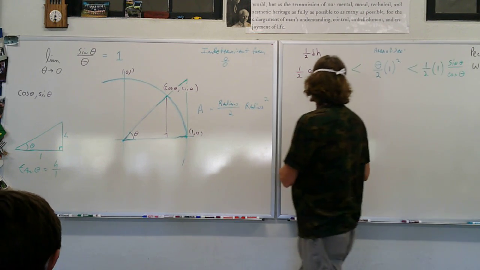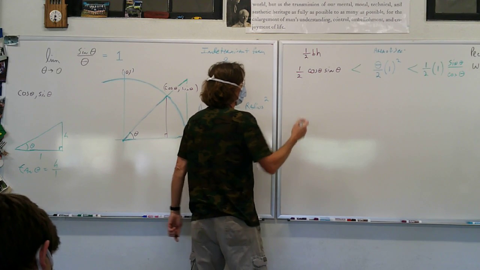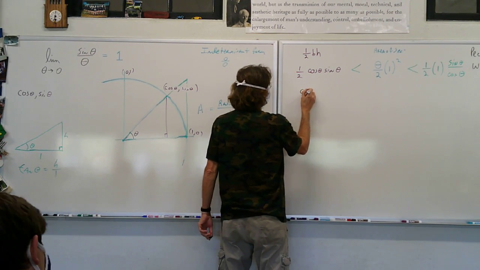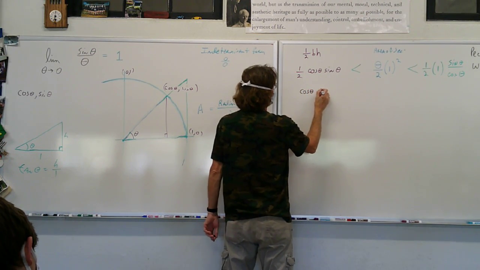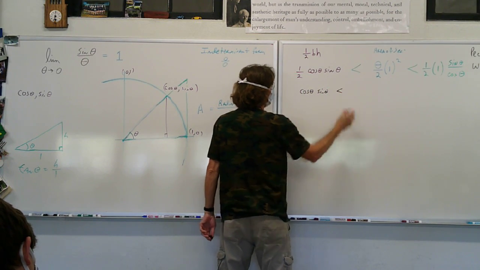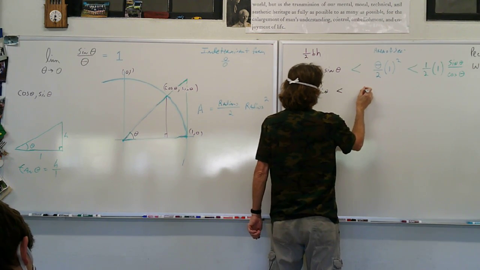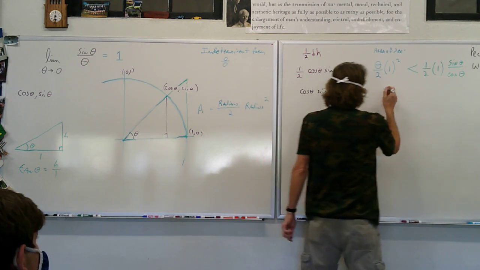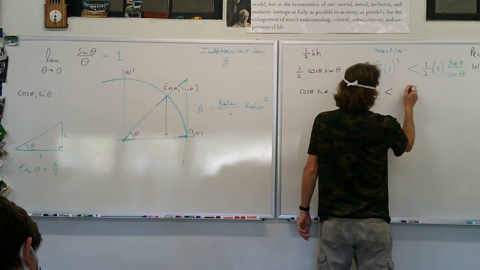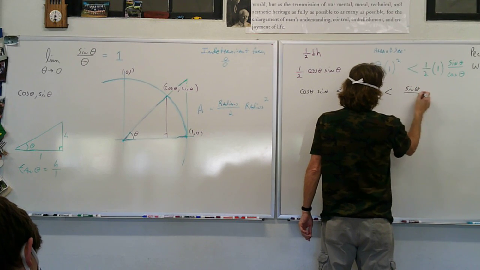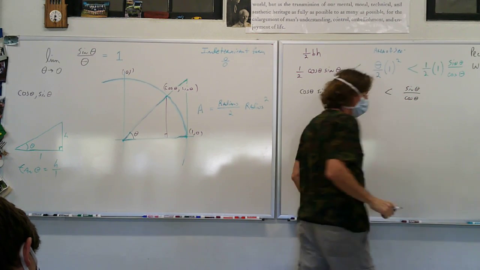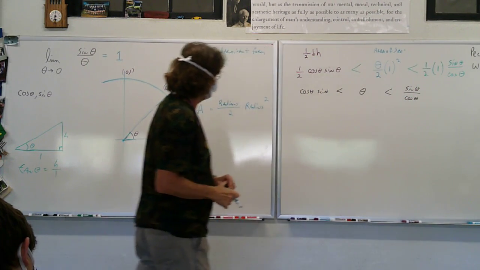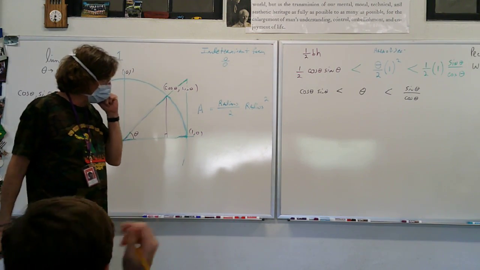Get rid of the fractions. Multiply everything by 2. Cosine theta less than sine theta is still less than theta. Oh, wow. Just plain old theta. Less than sine theta over cosine theta. Multiply everything by 2.